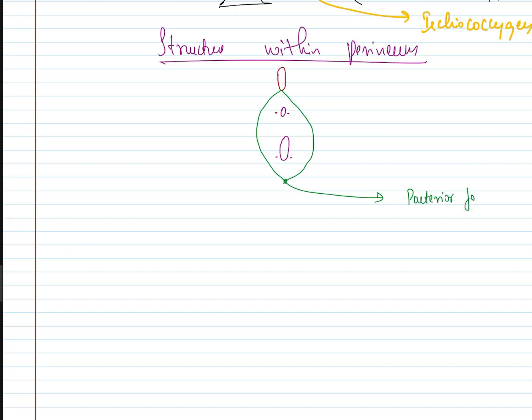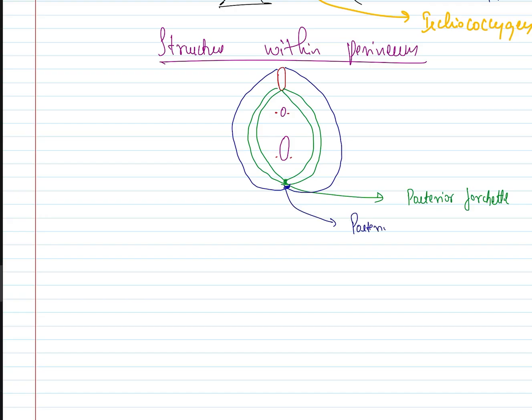I'm telling it properly. It is known as posterior fourchette because later I'm going to tell you something else in the posterior. So this is your labia minora, and outer to this is your labia majora. The posterior meeting point is known as posterior commissure. So just remember the difference, fourchette and commissure.